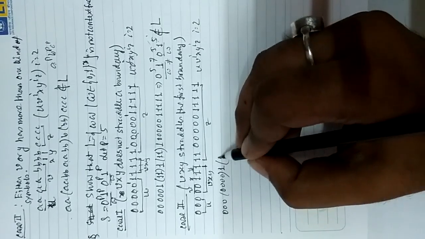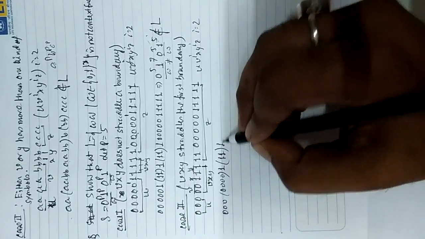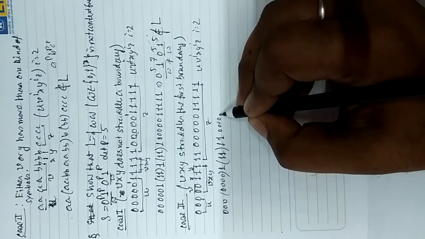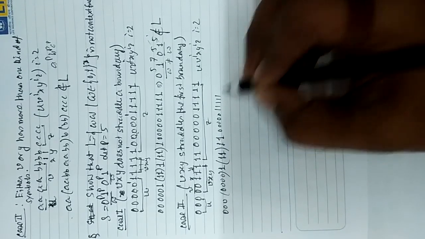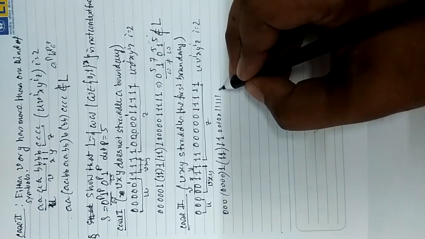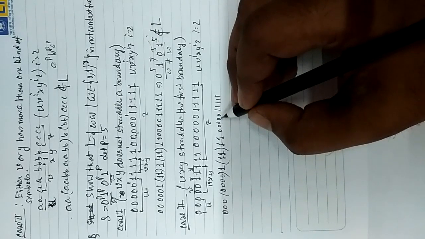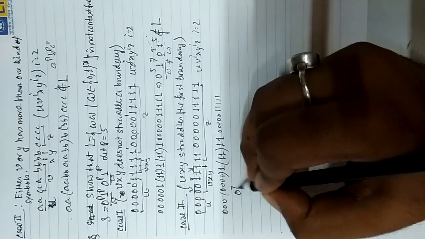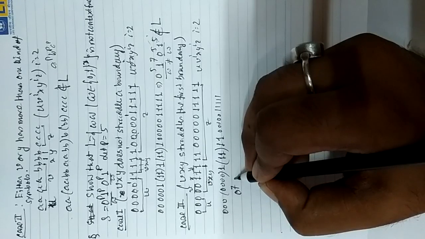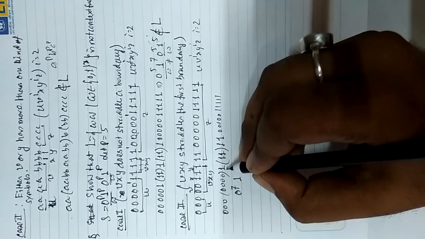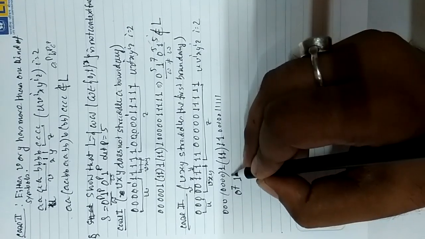Pump this Y 2 times, 1 1, and the remaining part 1 1 0 0 0 0 0 1 1 1 1 1. So what we are getting from this equation is 0 to the power 7, 1 to the power 5, 1 to the power 5.